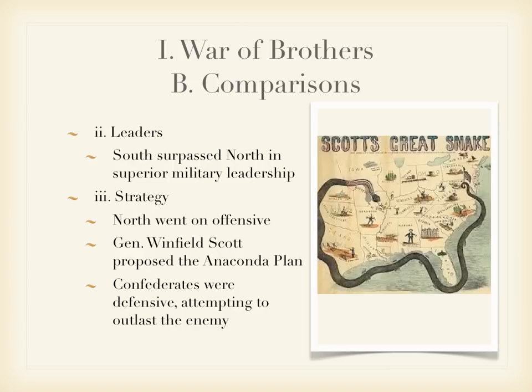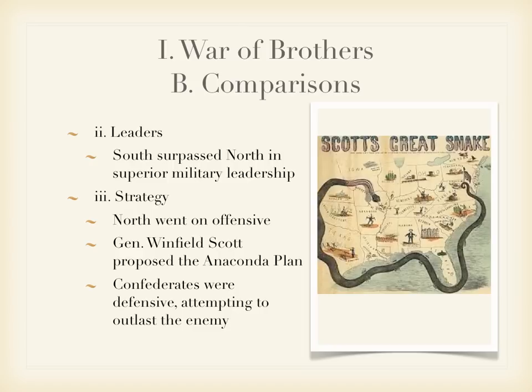So anyway, Confederates are on the defensive, so their goal here is to outlast the enemy. If they can keep fighting until the enemy is exhausted and gives up, then they will win. And you have to think about motives here too, or motivation. When you have Southerners fighting on their own ground, defending their own homes, they're probably going to fight a lot harder than Northerners coming down.